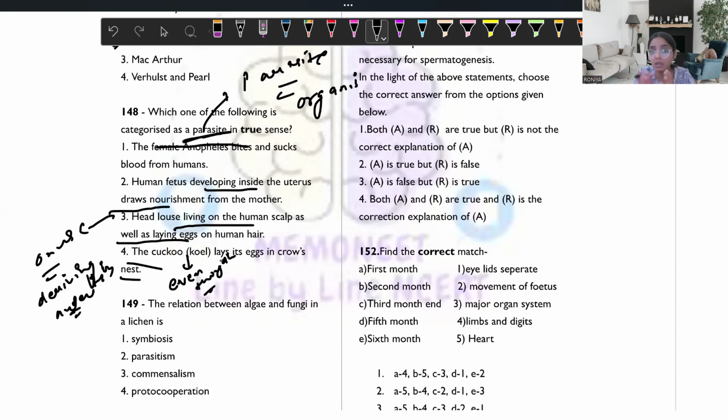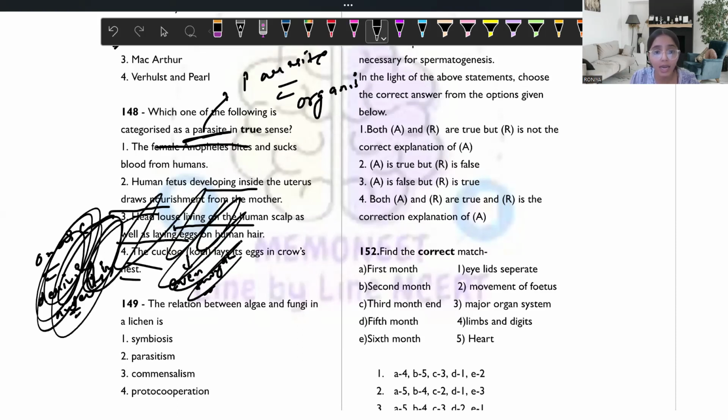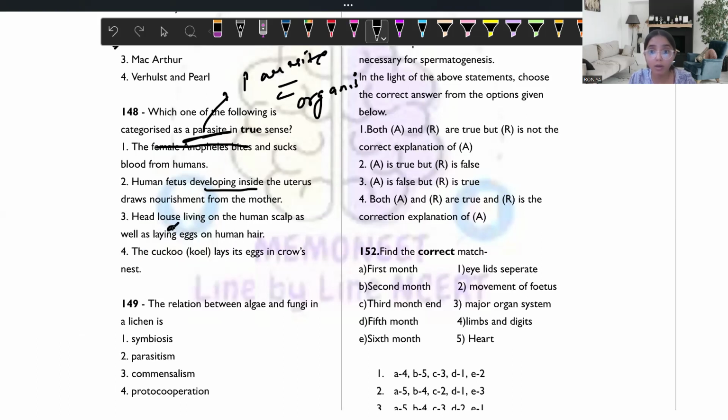The cuckoo's eggs are residing in the nest and not on the body, right? That's why this is also not a parasite. Now, the human fetus is residing inside the uterus and is taking nourishment from the mother, but it is not a parasite in true sense. That's why the answer to question 148 is option number 3, which is head lice. They live on our scalp and derive nutrition from the blood vessels in the scalp.